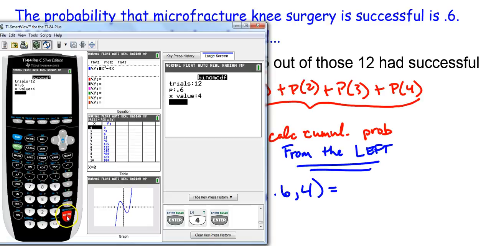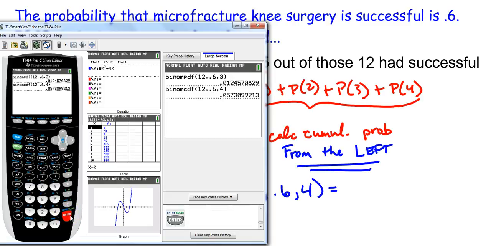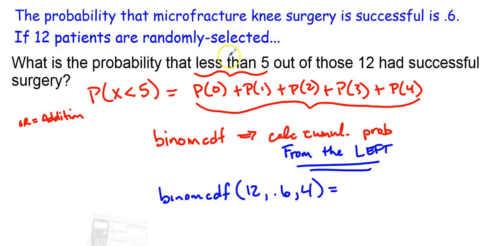So you want it to calculate 0 to 4. That's what we're specifying. In this particular case, you've got a 5.73% chance that if you randomly select 12 patients, you're going to have less than 5 successes. All right, so we're done there.